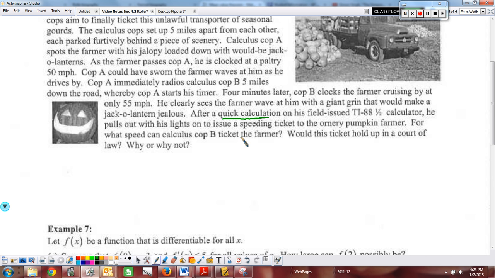Okay, and this is an MVT problem because this is a position function. So let's define ourselves a position function, s equal to f of t, which is going to be the pumpkin farmer's position at time t. Our pumpkin farmer is moving along a horizontal line, and as he moves along, we record his position at each time.